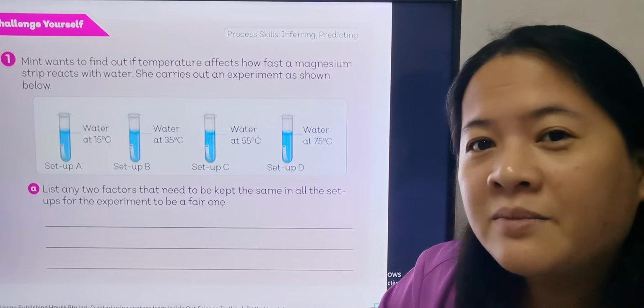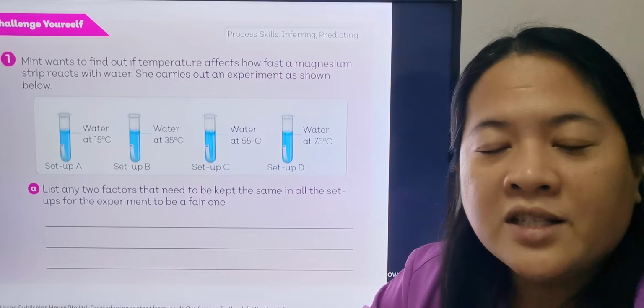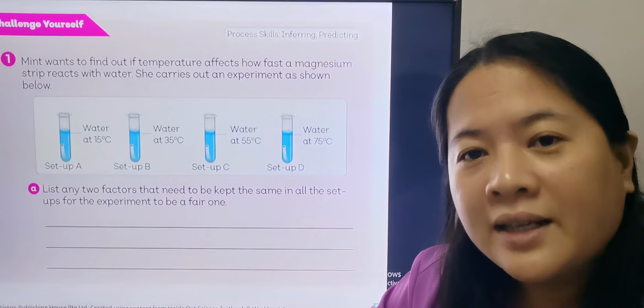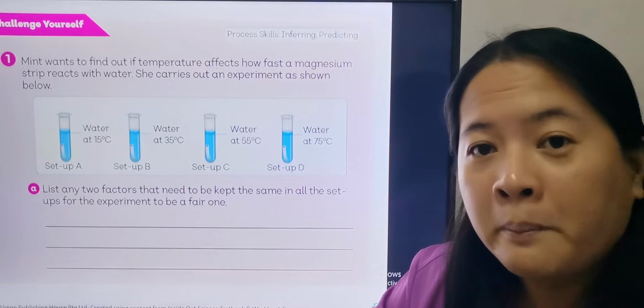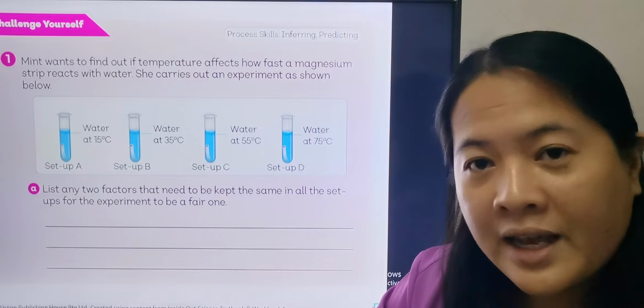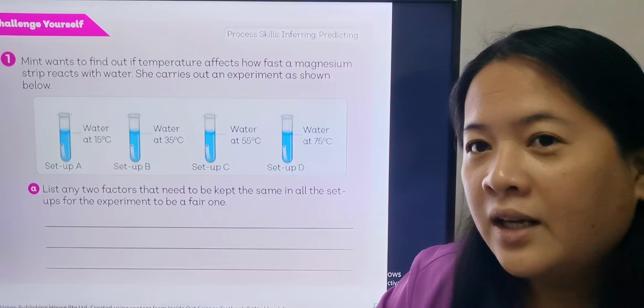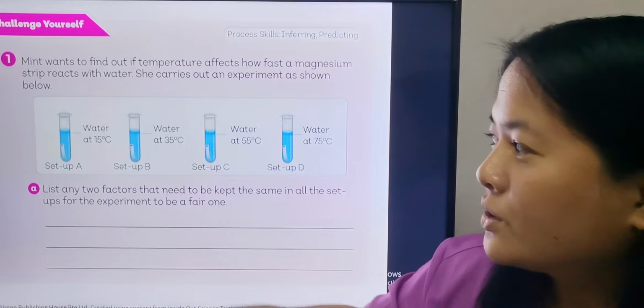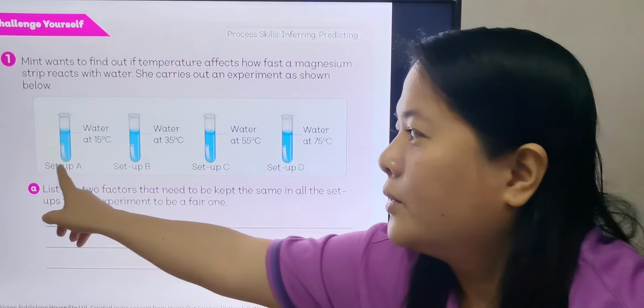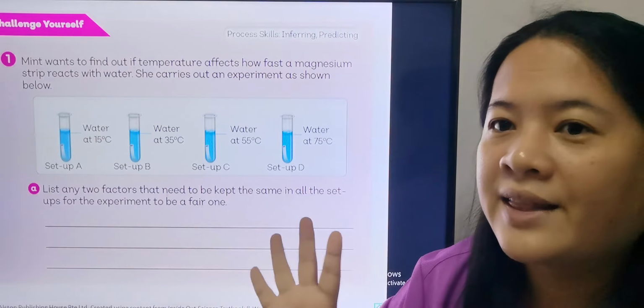So last week, teacher Yuri explained to you that if you put a magnesium strip in water, it will form bubbles, right? So there's a chemical reaction, okay? So she wants to find out what is the effect of temperature, okay? So she did 4 setups, okay?